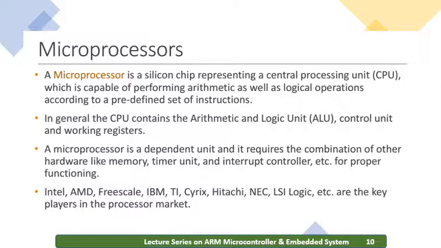A microprocessor is a dependent unit and it requires the combination of other hardware like memory, timer unit, interrupt controller, etc. for proper functioning. For microprocessors, we will be looking at some specific companies, Intel, AMD, and so on. From these companies, what is listed here, we will be getting a processor in the market.